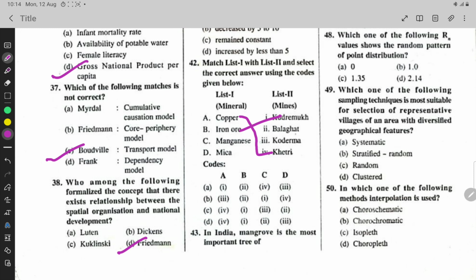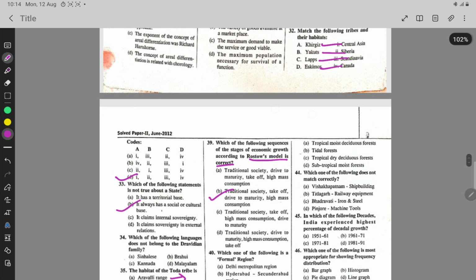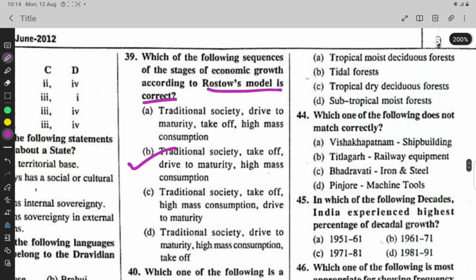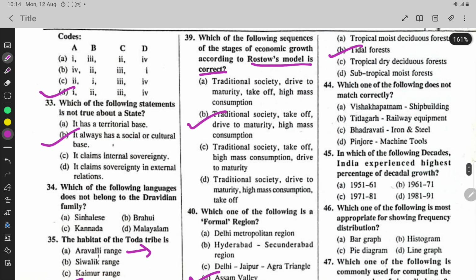Iron ore, Kudremukh. Manganese, Balaghat. Mica, Koderma. D. In India, mangrove is the most important tree of tidal forest. Which one of the following does not match correctly? Vishakhapatnam shipbuilding, correct. Bhadravati, correct. Vijay, correct. So B is the correct option here.